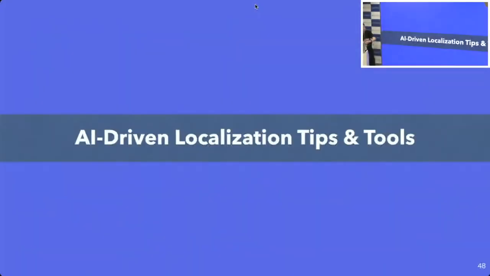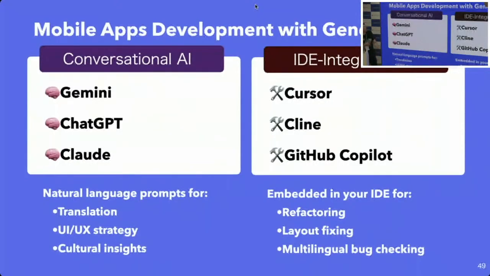Okay, this is my very important point, and I'd like to add some useful techniques to internationalize our app. AI-driven localization tips and tools. Here is one startup guide for mobile app development with generative AI. Here are two approaches to use artificial intelligence, conversational AI and IDE integrated AI.